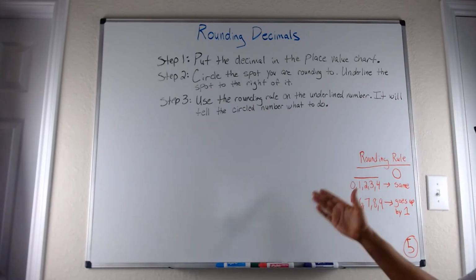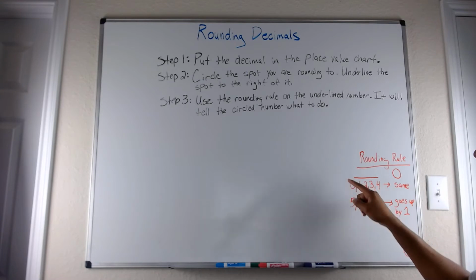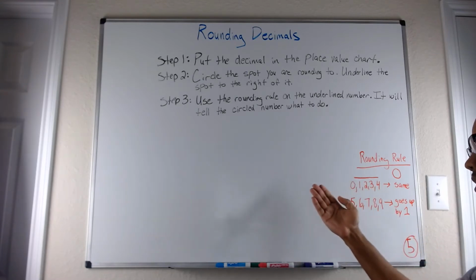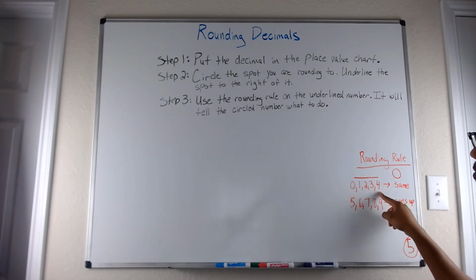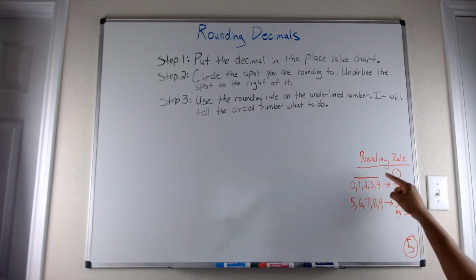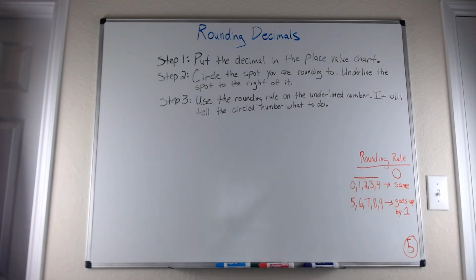All right, and right here I have my rounding rule. So I want to remind you, if the underlined number, the spot behind it, is 0, 1, 2, 3, or 4, it's telling the circled spot that you're focusing on to stay the same. All right, it's low enough for you to stay the same.